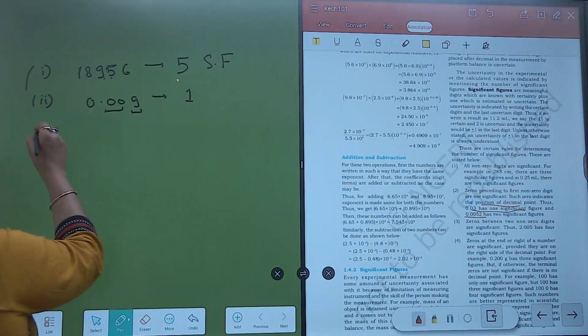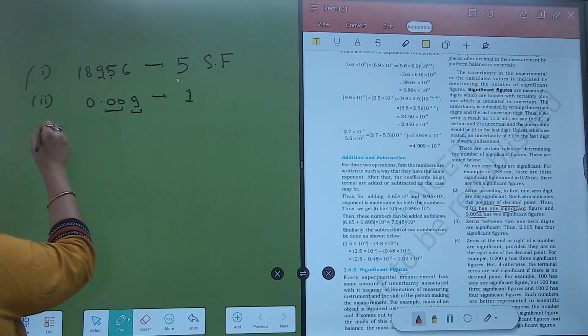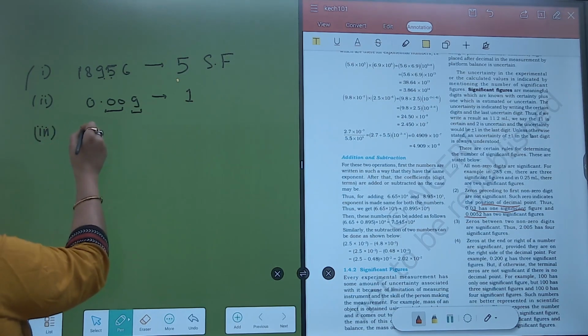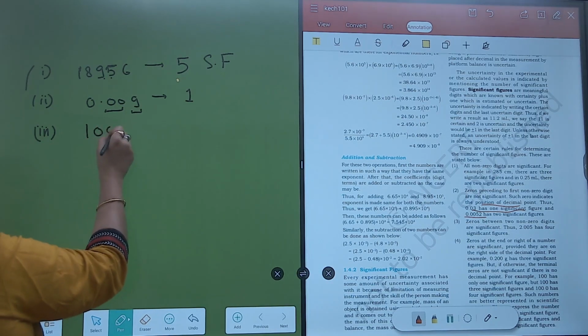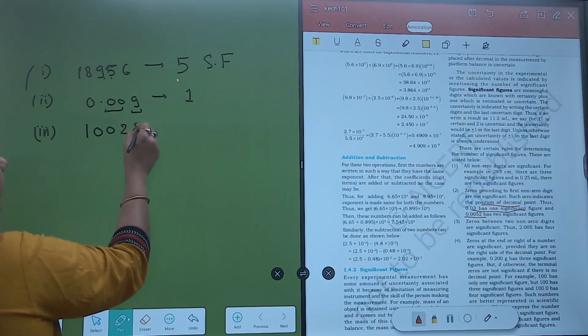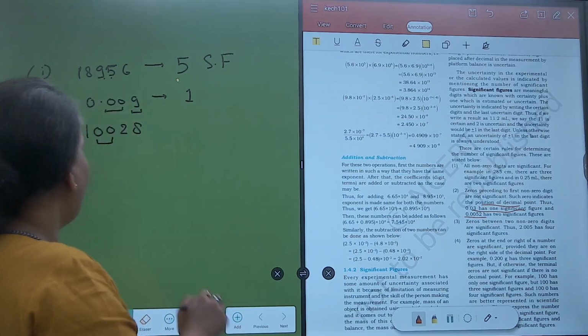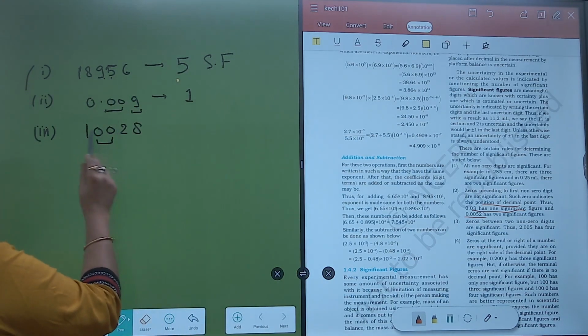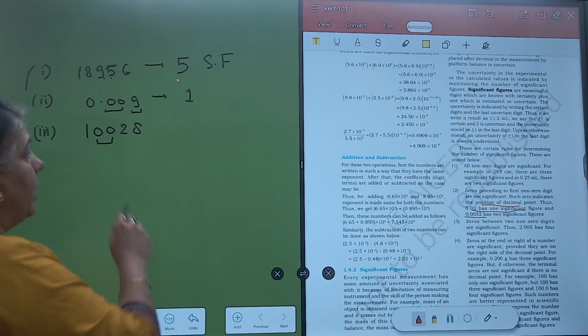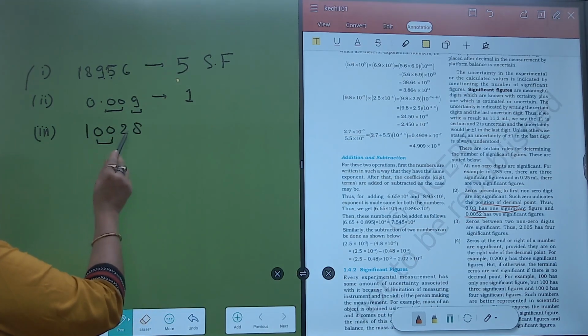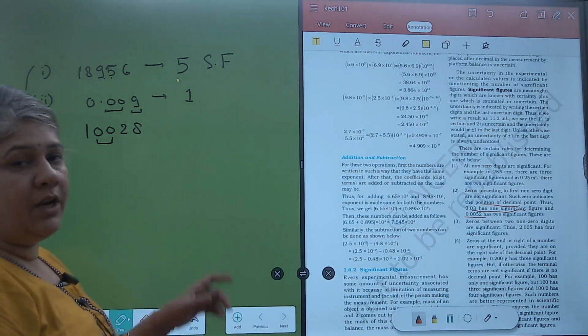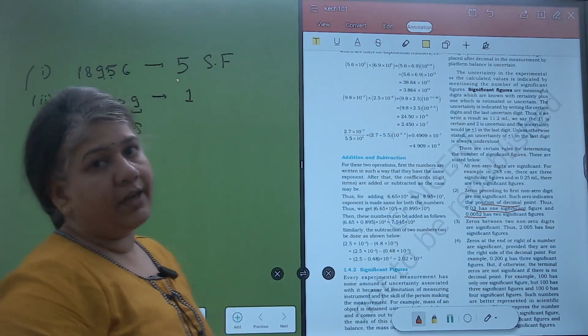Okay, so now let's take one more example. See, if I write a number 10028, now these zeros will be considered significant because they lie between non-zero digits, here 1 and 2. So if the zeros lie between non-zero digits, they are significant.